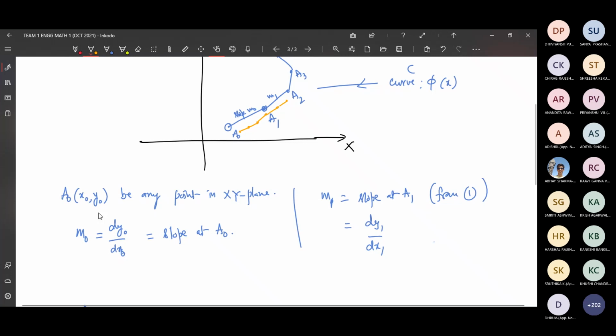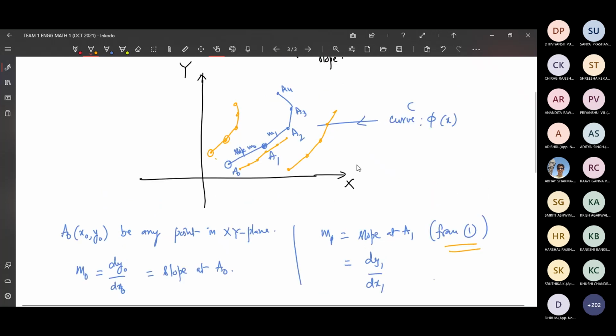For example, if I start somewhere here, then I will get another curve like this. So take a neighboring point and take the slope of that and go on like this. Use the equation 1, the given equation, to find the slope at the point. So like this, you will get a different family of curves here, of course.